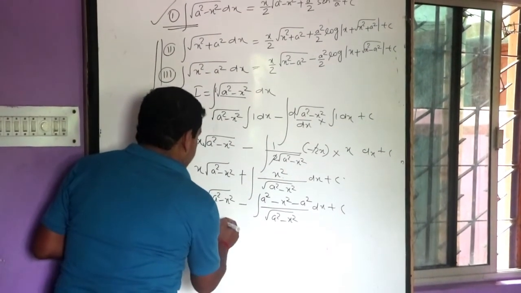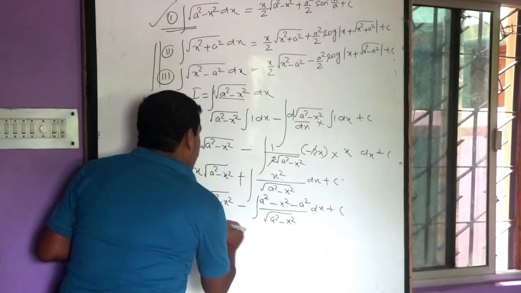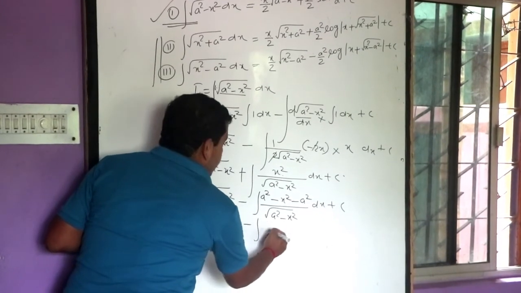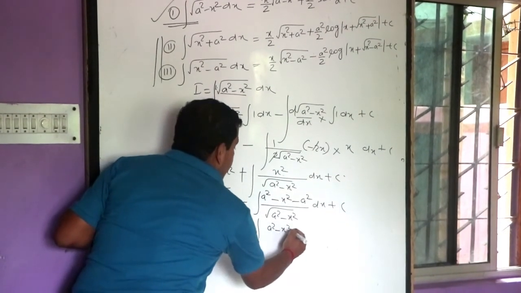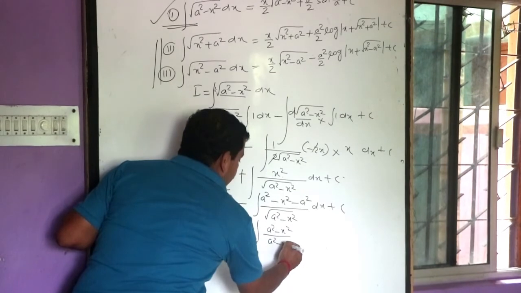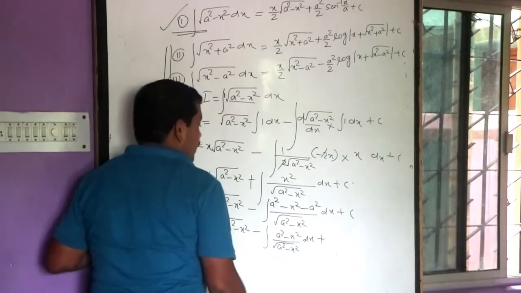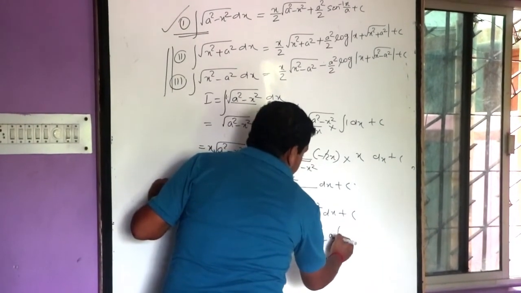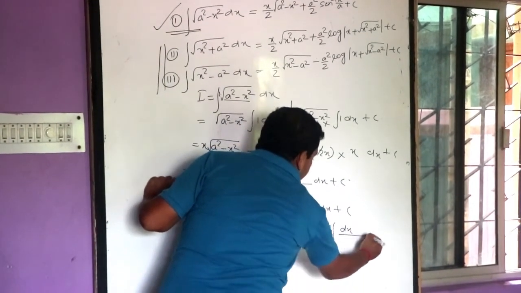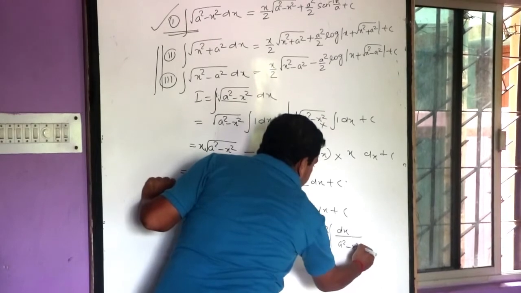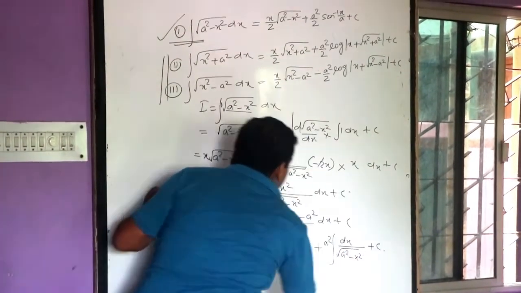That is equal to x into root over a square minus x square minus integral of a square minus x square by root over a square minus x square is one function, minus minus plus a square dx by root over a square minus x square plus c.